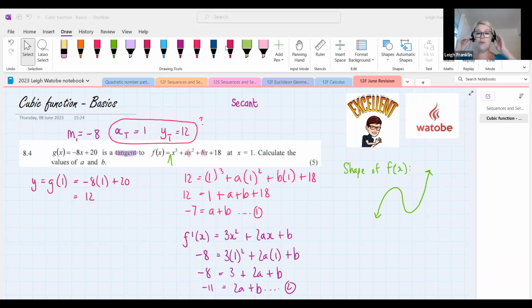Yes, Leanne, you can use minus a minus 7 equals b, or if you make a the subject of the formula, either one of those two is fine.